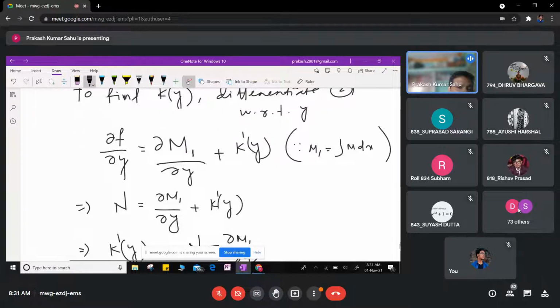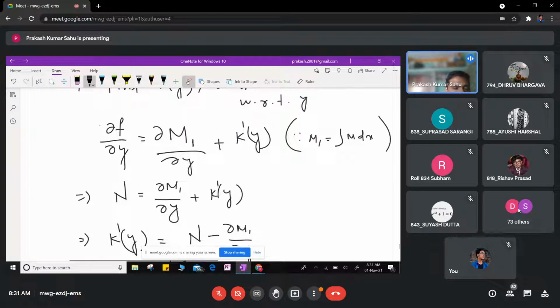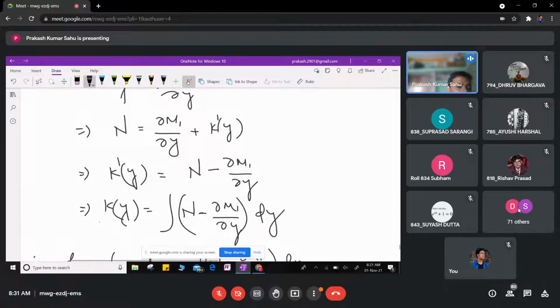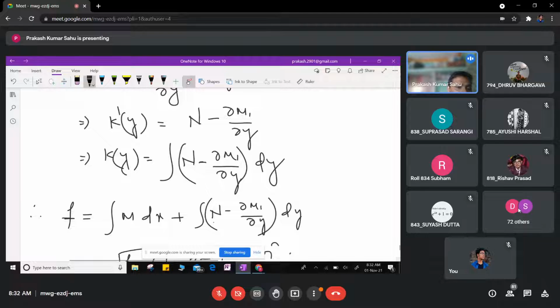Because del f by del y is nothing but N, N is equal to del M1 by del y plus K dash y. Keep K dash y on the left hand side, take the rest to the right hand side, and integrate both sides to find K(y).